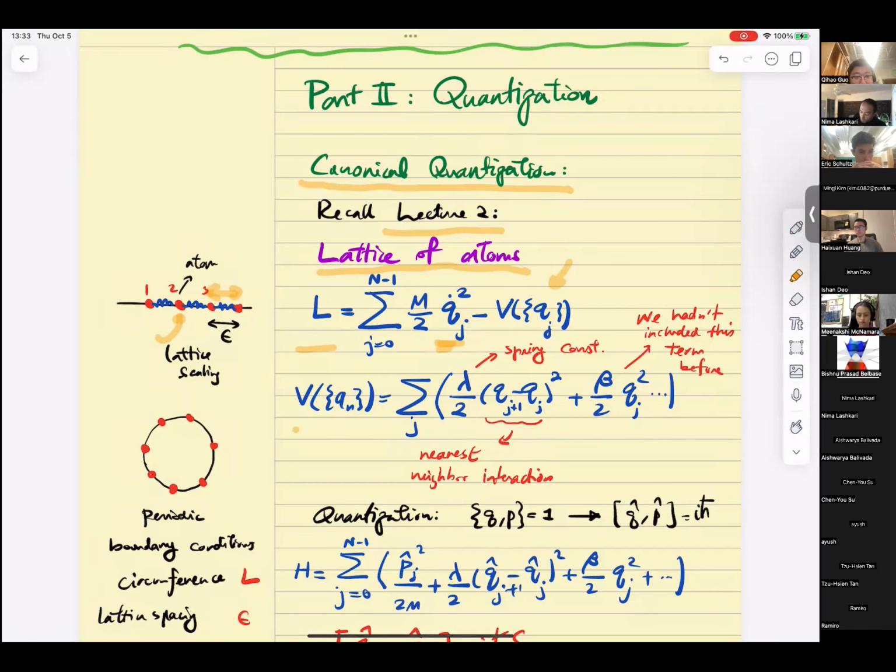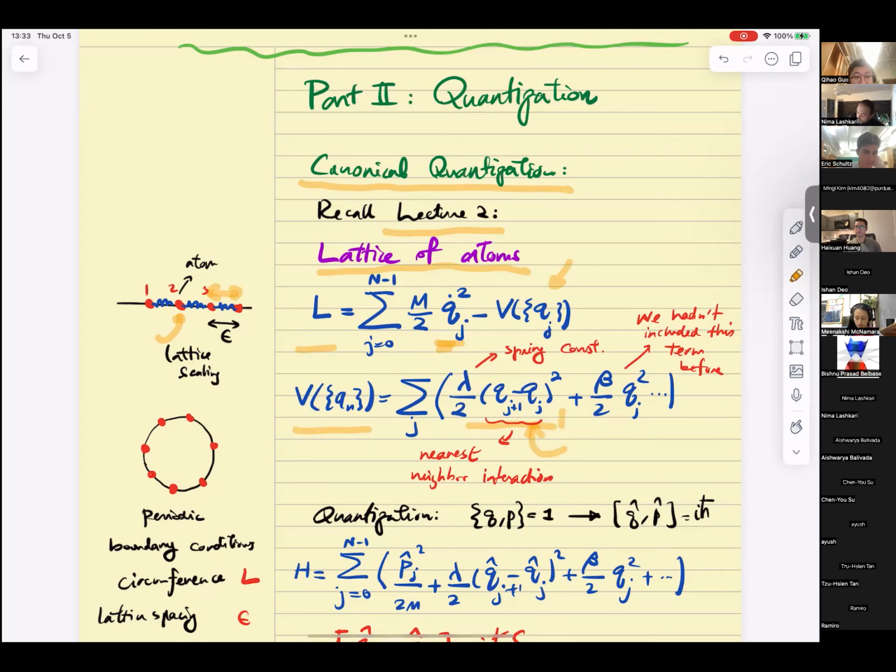All right, so the potential term, we said we want to model interactions using springs. If you just take the potential and expand it to second order around the equilibrium, there is no first order term because you're in equilibrium. The second order term is the potential of a spring. That's why we're modeling it by springs.